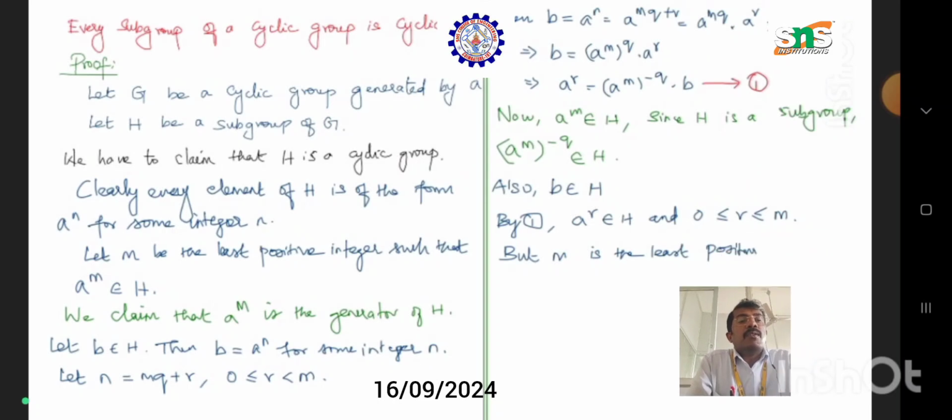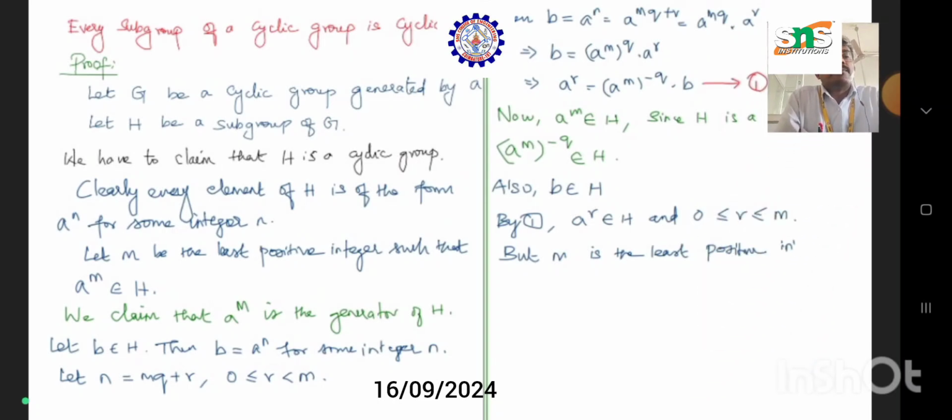So what we could say here is that m is the least positive integer such that a power m belongs to H.